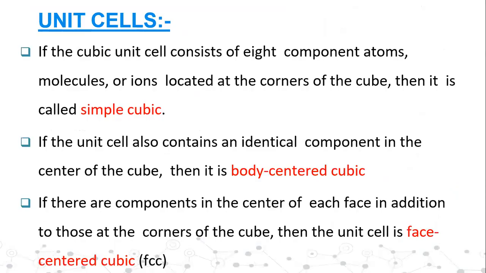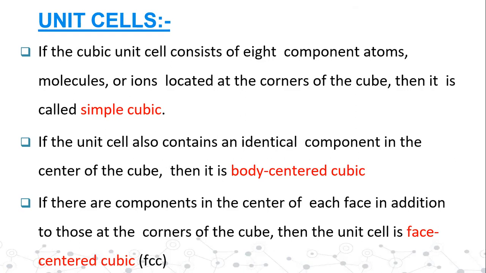So next, coming to the types of unit cells. If the cubic unit cell consists of 8 component atoms, or molecules or ions located at the corners of the cube, then it is called simple cubic.